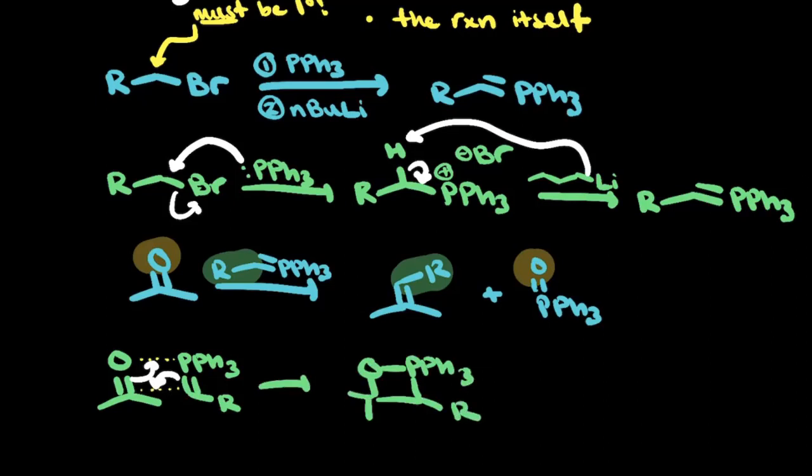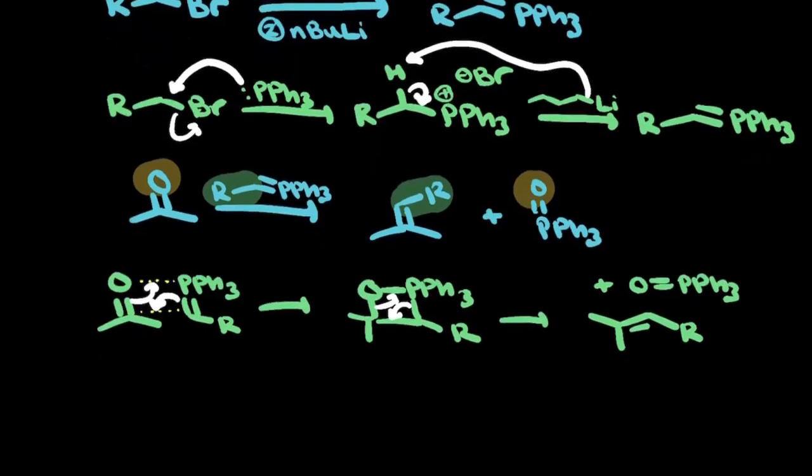And you want to repeat the process. Same arrows in the same direction in order to end up with your final product, with the R group and then your oxaphosphetane.